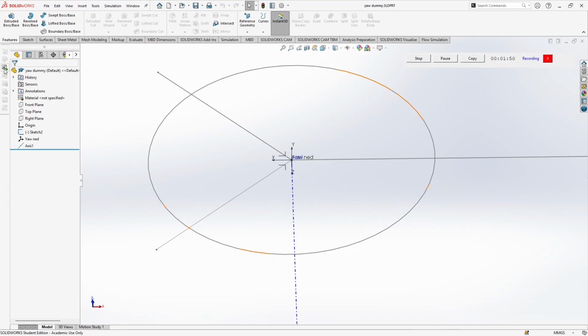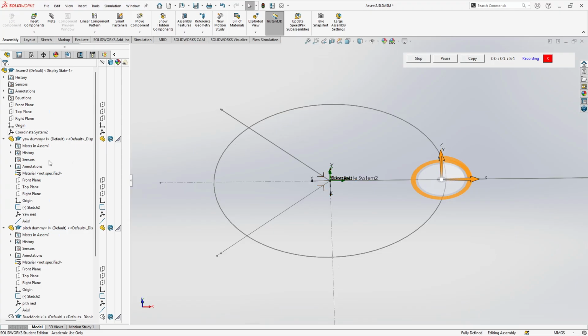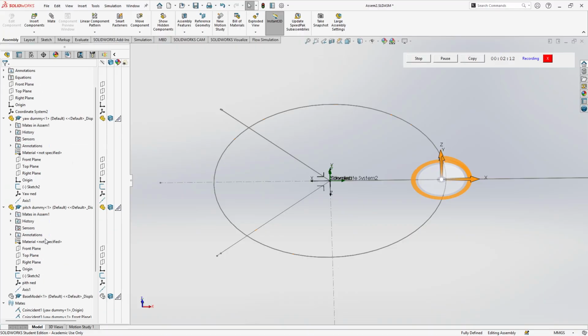Similarly, I have another sketch which is also a dummy part that gives me the pitch rotation. So everything is mated to the origin. In that way I can rotate around this point, but the dummy parts are used for each axis.